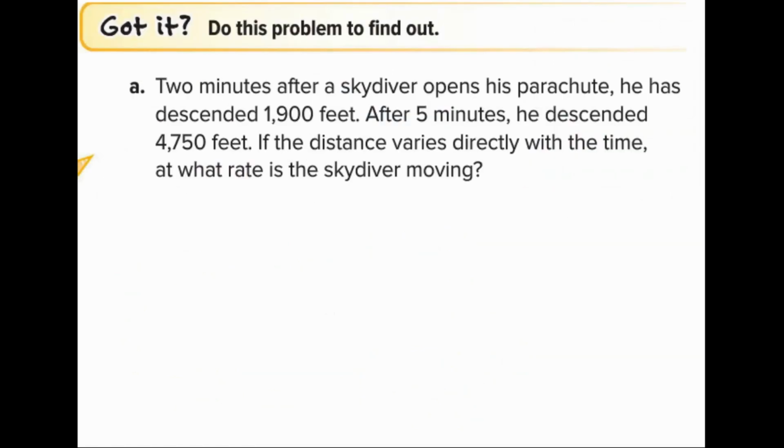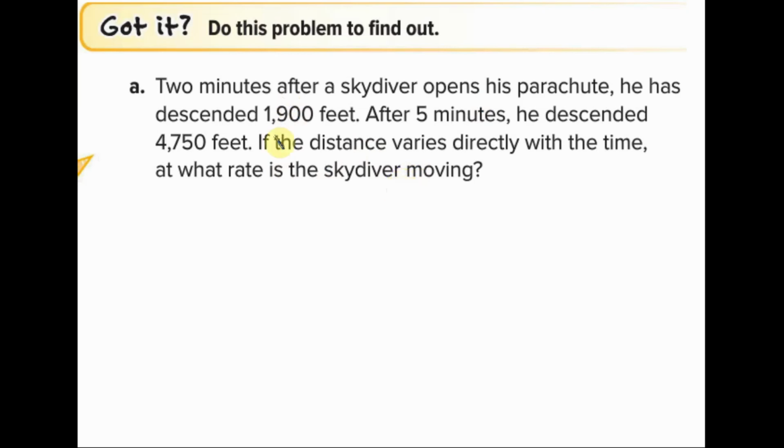Let's look at the other example. 2 minutes after a skydiver opens his parachute, he has descended 1,900 feet. After 5 minutes, he has descended 4,750 feet. If the distance varies directly with the time, at what rate is the skydiver moving? In this case, there are a few pieces of information that you can pick.